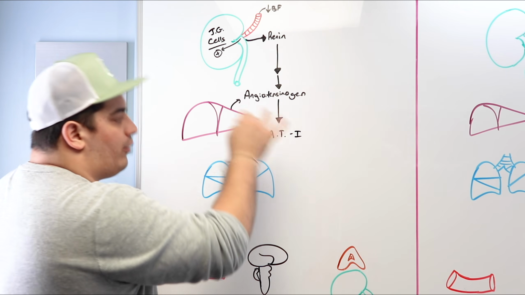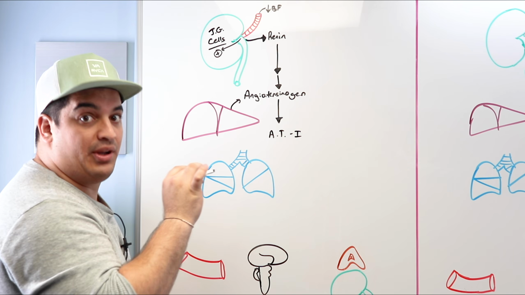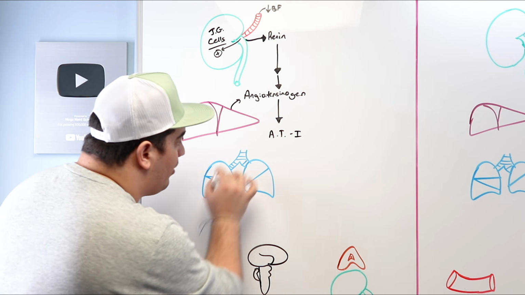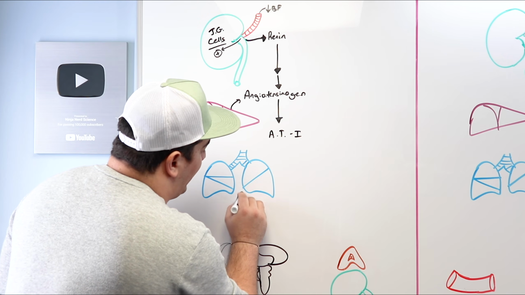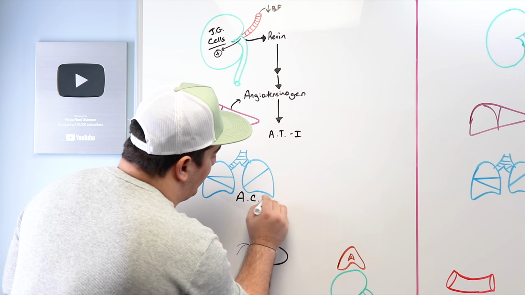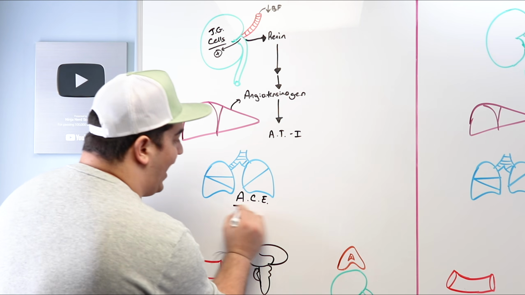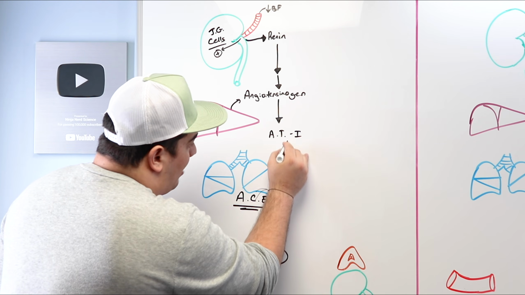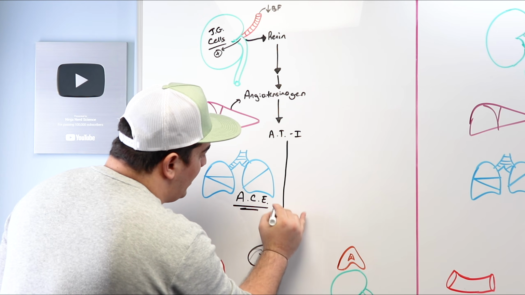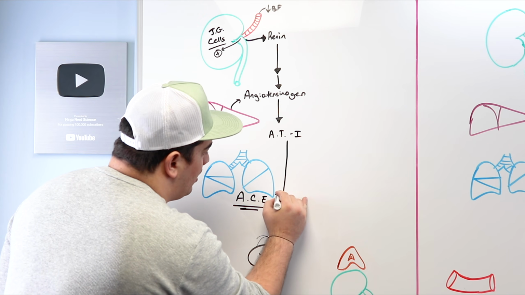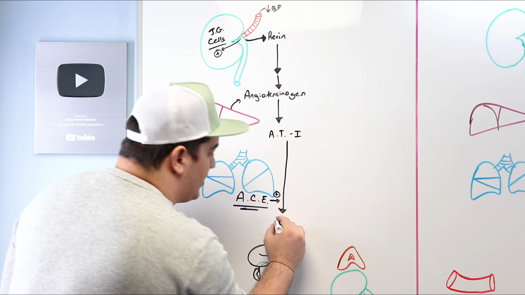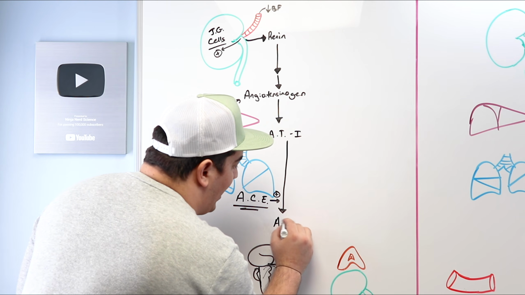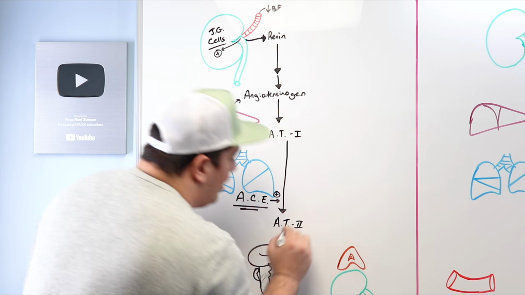Then angiotensin 1 runs through the circulatory system and goes to the lungs. In the capillary endothelium of the pulmonary system, there's another enzyme called angiotensin converting enzyme, also known as ACE. This enzyme stimulates angiotensin 1, cleaving off another particular amino acid sequence, and converting this into angiotensin 2.